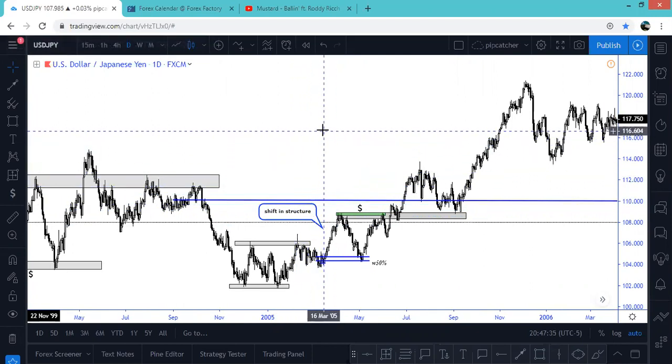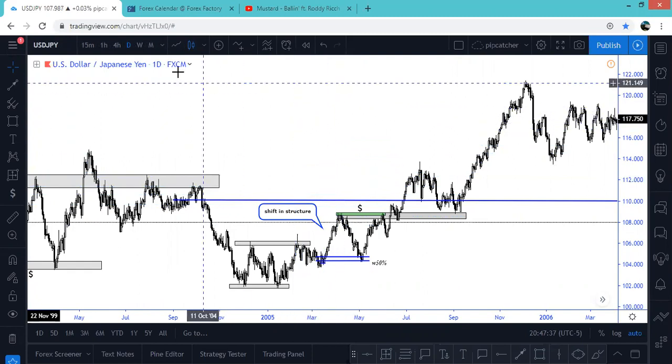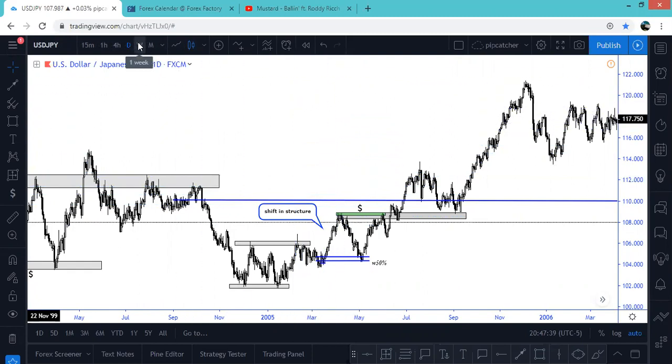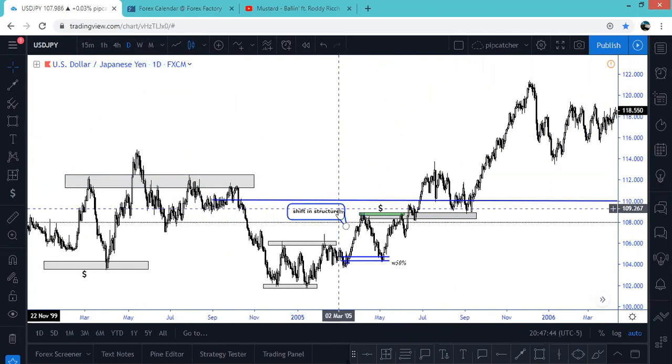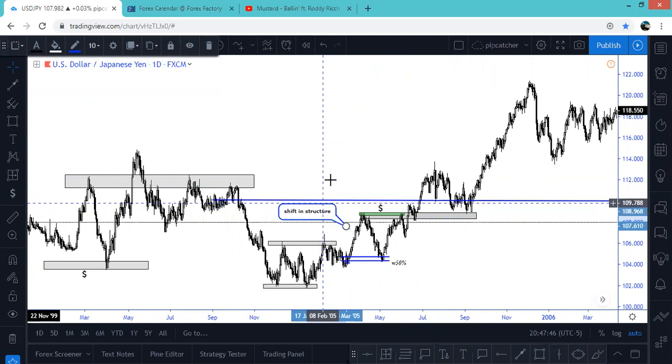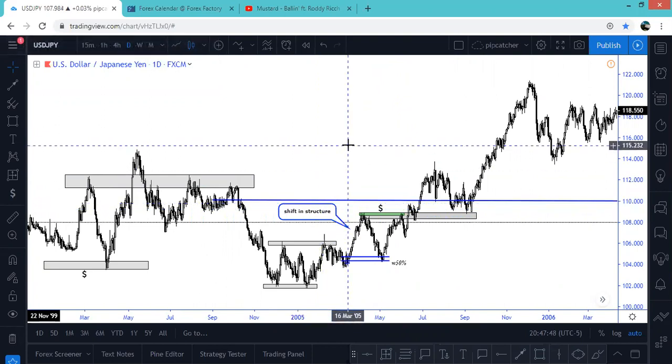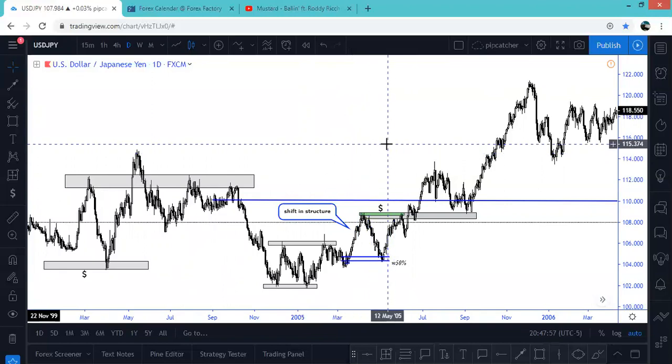If you're going off of a 1 hour and a 4 hour bias without looking at the daily, weekly, or monthly, you're not reading the whole book, right? You're just opening the book up to chapter 5 and forgetting about chapters 1 through 4. Yeah, basically, right?